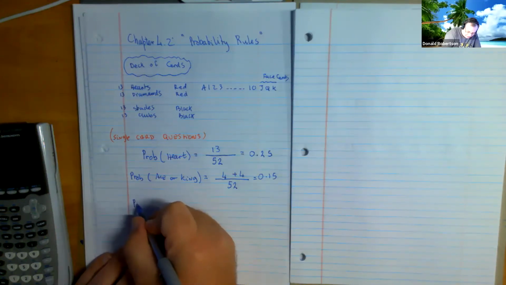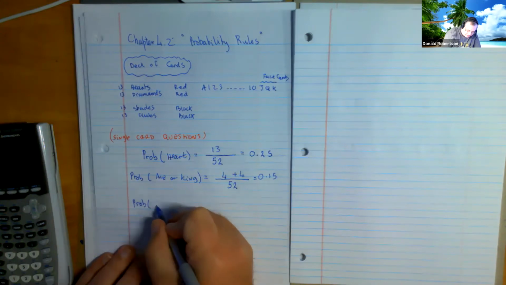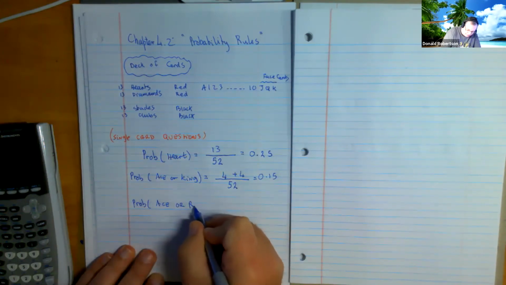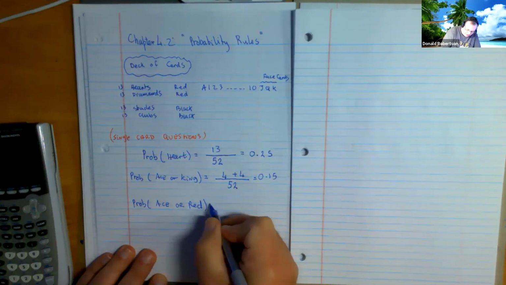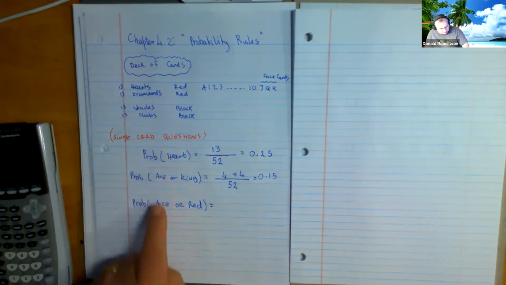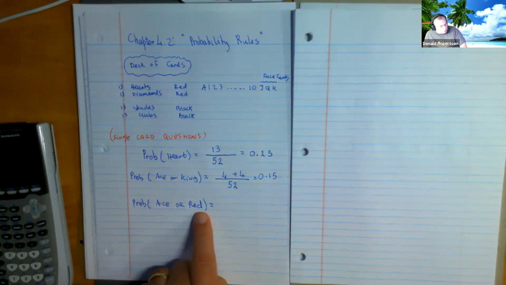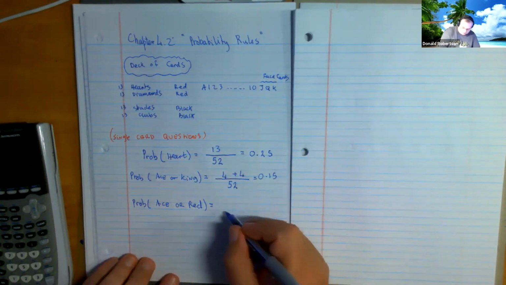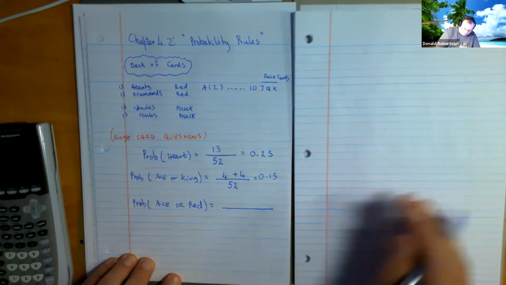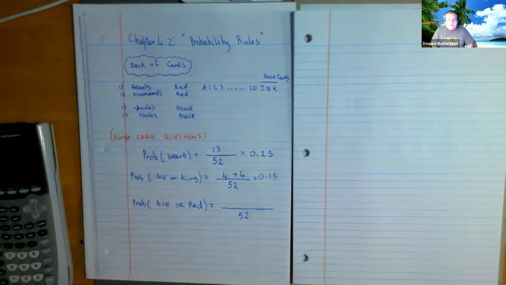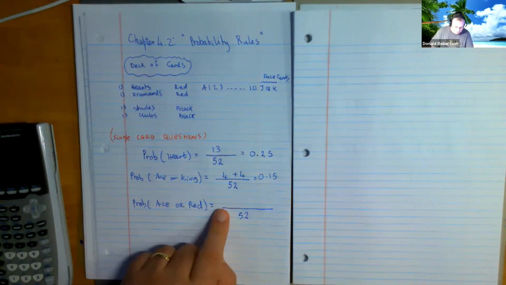Then I'll try this one. You choose a single card from a deck of cards, and you get an ace or a red card. Okay, now it's a matter of counting, but you've got to be careful here.